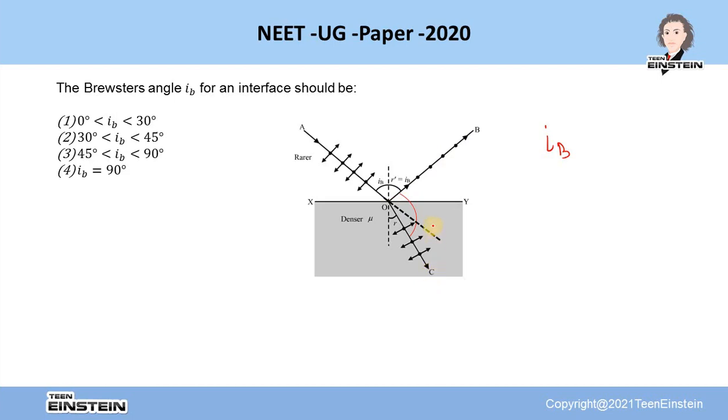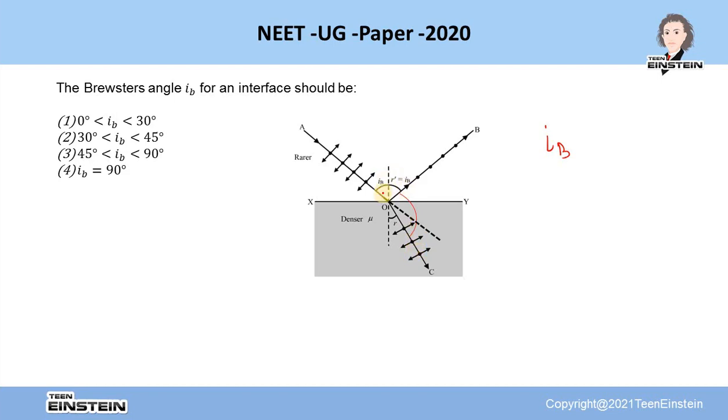refracted, and the reflected light is found to be possessing only the electric vectors which are vibrating perpendicular to the plane of the paper, and also the refracted light has only the electric field vectors which are vibrating in the plane of the paper.